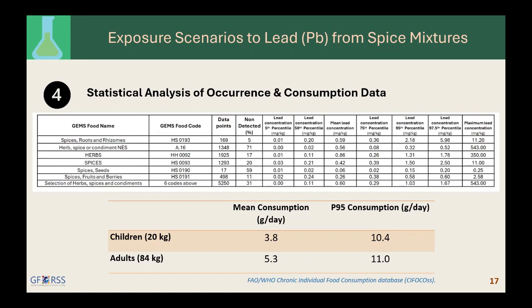So what do we understand by the percentiles? Because these are very common things that we read in CCCF documents. In every document, you will be reading these. So what do we understand when we say in herbs, the 95th percentile is the concentration of 1.31 milligram per kilogram?